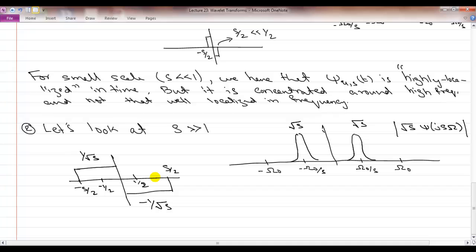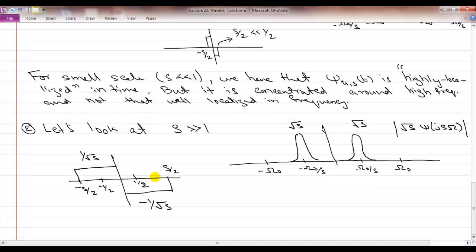And all wavelets at large scales will be doing a bad job of localization in time, so their time analysis won't have very good resolution, but their frequency analysis will have really good resolution.